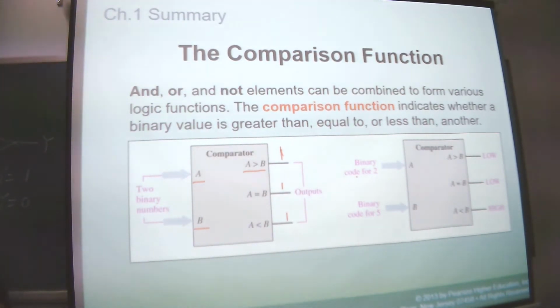For example, the binary code of A is 2. How do we represent 2 using a binary number?